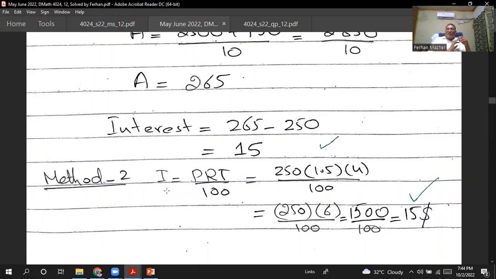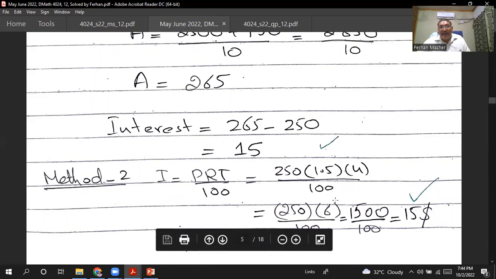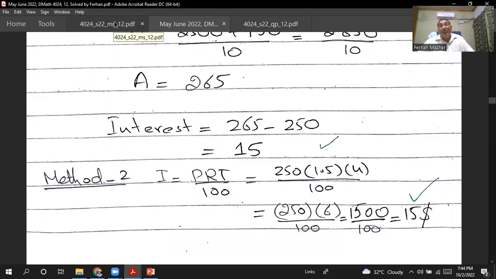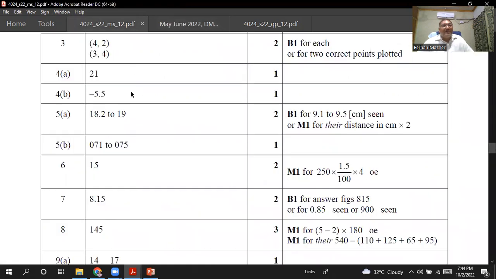P stands for the principal amount, R stands for the rate, and T stands for the time. The principal amount is $250, the rate is 1.5% per annum, and the time is 4 years. So 250 multiplied by 1.5 multiplied by 4 divided by 100. So 1.5 multiplied by 4 is 6, and 6 multiplied by 250 is 1500, divided by 100, so $15. So the amount of interest at the end of 4 years will be $15.